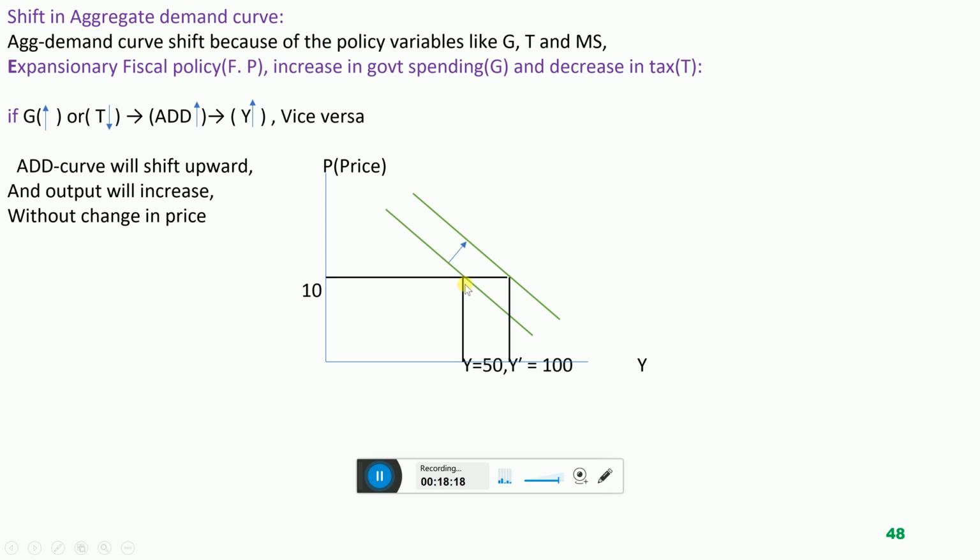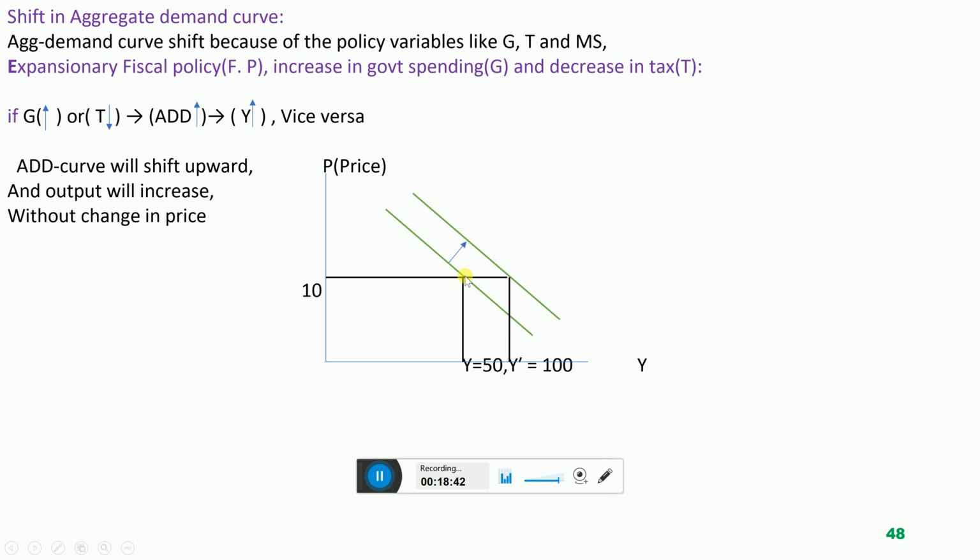This first green line at the bottom is the first aggregate demand curve, AD1. The price is 10 and output is 50. But when the government applies fiscal policy, spends $1 million, increases demand, increases jobs, what happens to the aggregate demand curve?